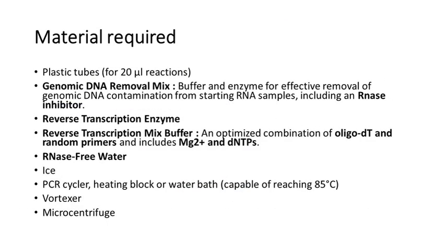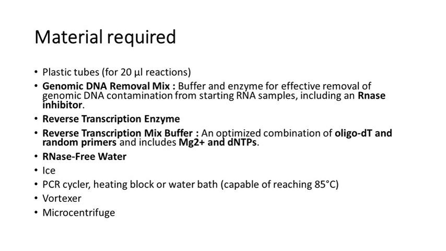So what are the materials required for this reverse transcriptase reaction? We need plastic tubes, usually PCR tubes, for a 20 microliter reaction volume, that is what we are going to do. Then we need a genomic DNA removal mix.